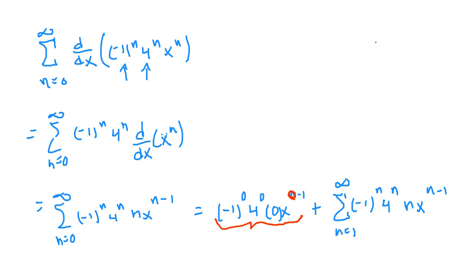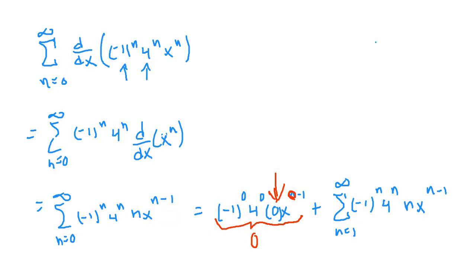What's that first term equal to? Zero. That's right, Mario. Because you have a 0 here, right?